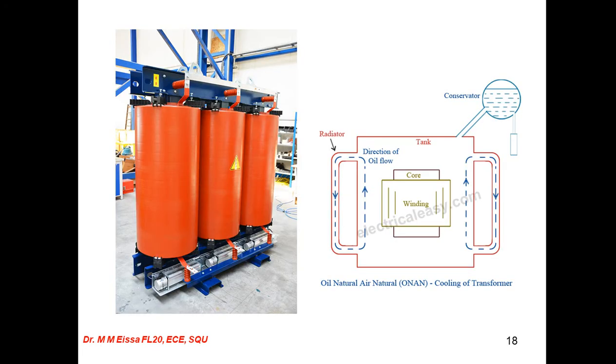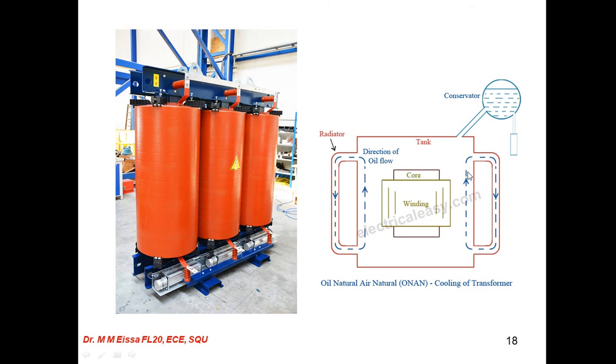Here is an example for the ONAN. This is oil natural, air natural. So here is the core of the transformer. This is the tank. This is the radiator, and the radiator means here the air is natural through the radiator from both sides. And here also the oil is natural, there is no specific kind of insulation.